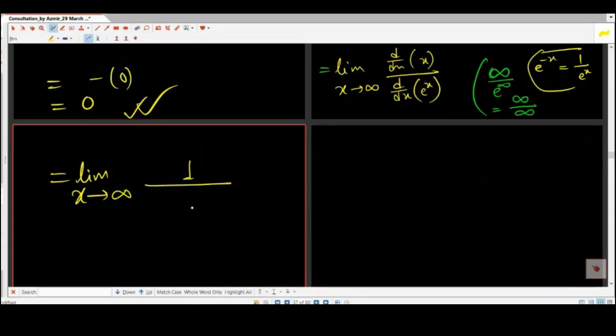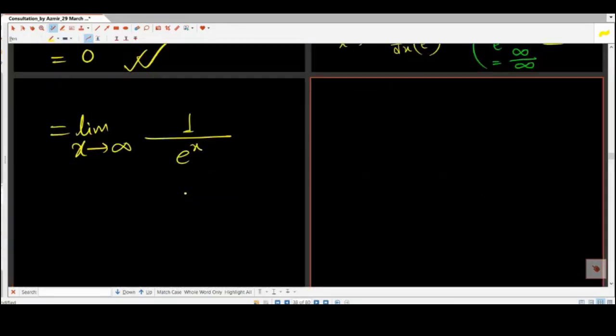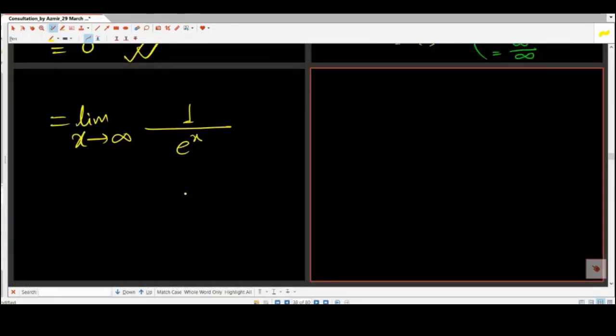Differentiation of e to the x is the same, e to the x. So now we can easily understand that there is no possibility of having infinity over infinity or 0 over 0 here, because in numerator we have a real number 1. So we can terminate the process here and we can find the limiting value.